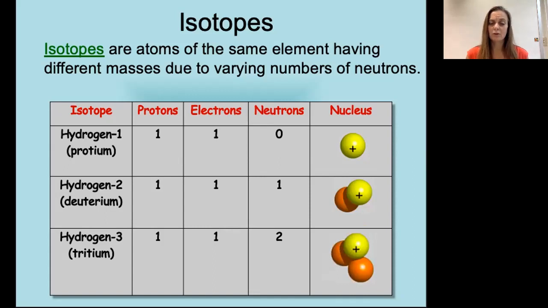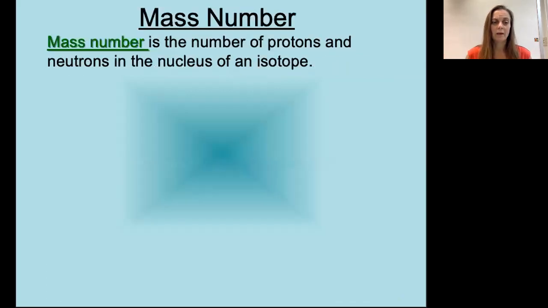So we have 2 neutrons and a proton in the nucleus, and it has an atomic mass of 3. So isotopes of an element always have the same number of protons, same number of electrons, but they vary in their number of neutrons, which causes them to vary in mass.